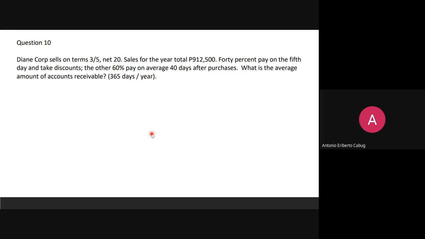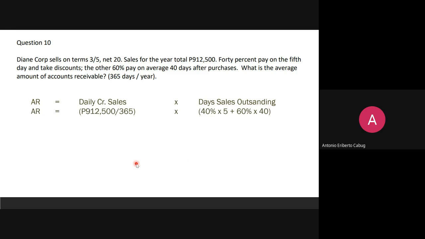Ilipat nyo si daily credit sales sa kabila. So, DSO, when it will be multiplied by the daily credit sales, it would give you the AR. So, always remember this formula. You may arrive at your AR by multiplying the daily credit sales by the DSO.